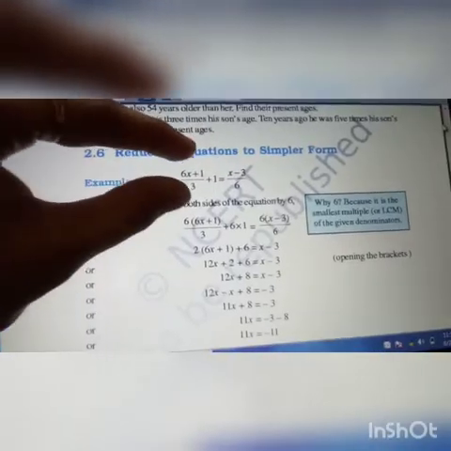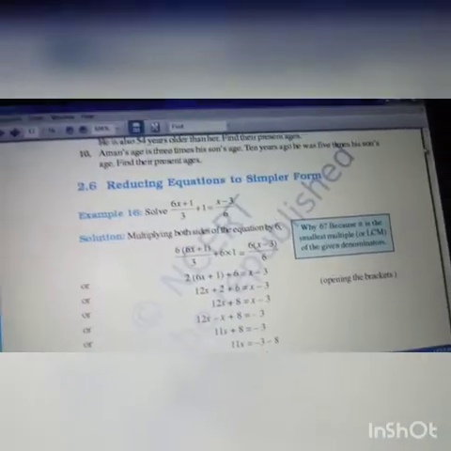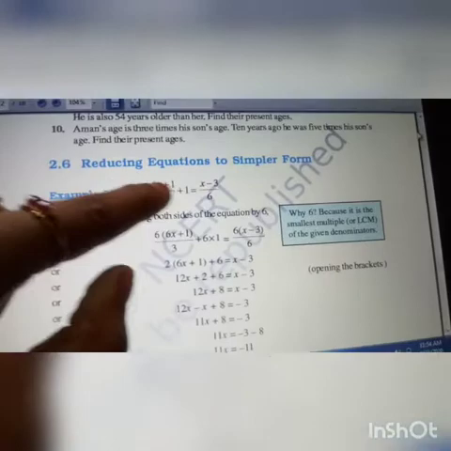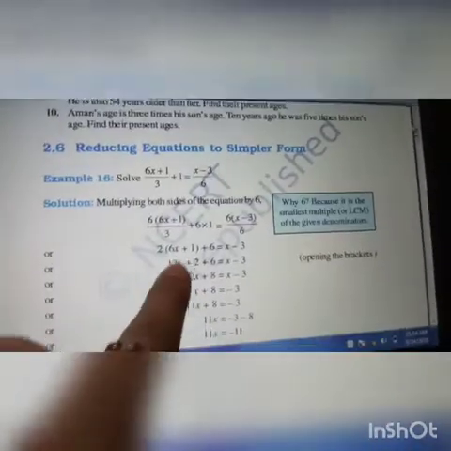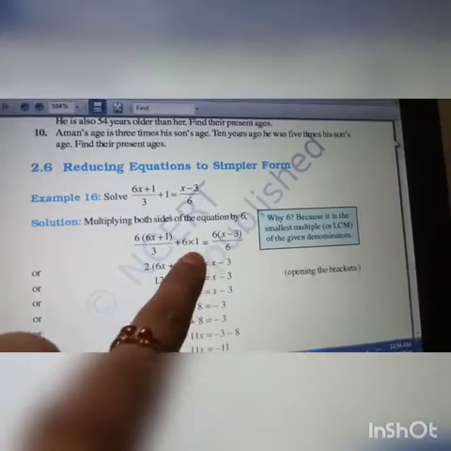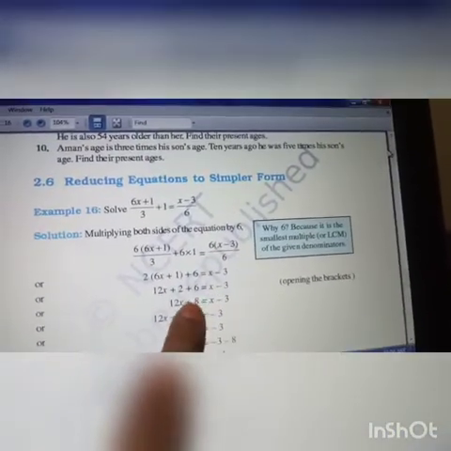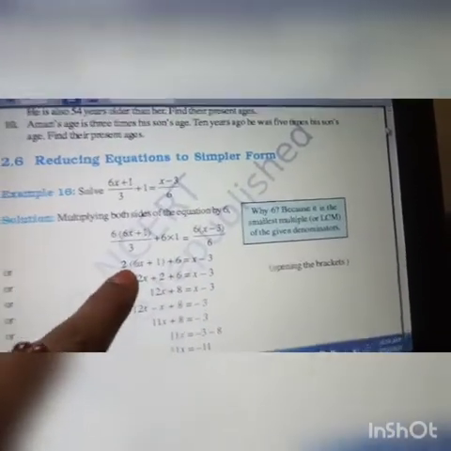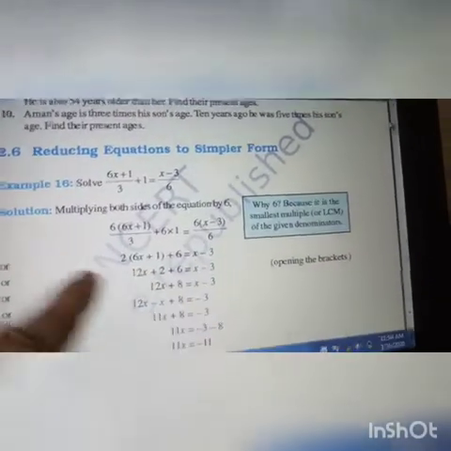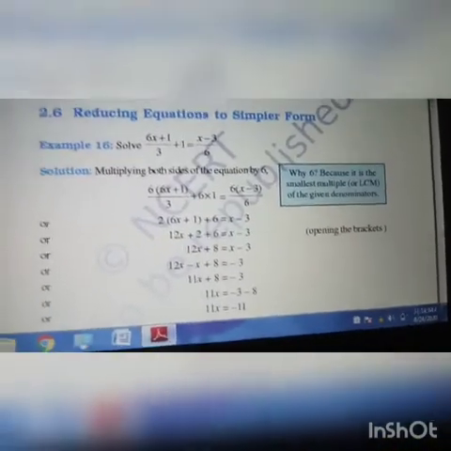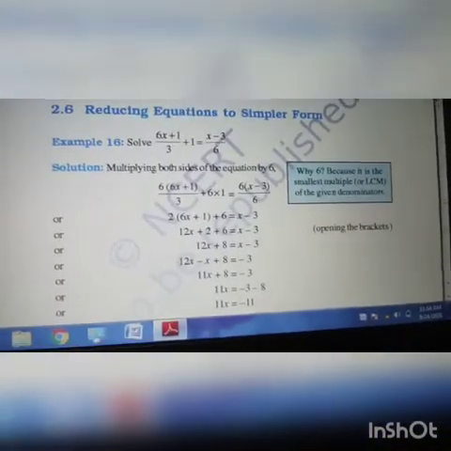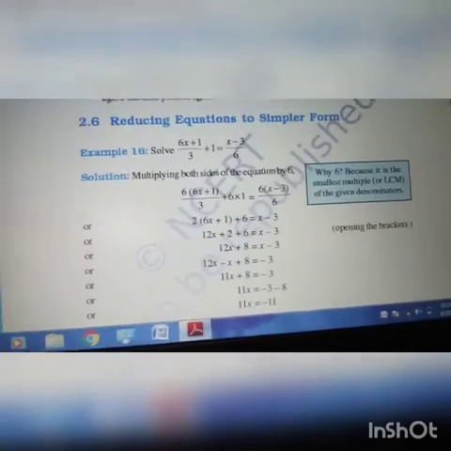Here it is a fraction and this is also a fraction. In the numerators we have an expression like that. So what you are doing is you can take an LCM or you can cross multiply, and make both the denominators the same, and if both have the same denominator, you will cancel it on both sides and you will make it a simpler equation. Simpler equation means that equation should not contain any brackets. That is our concept. Then you will solve it.